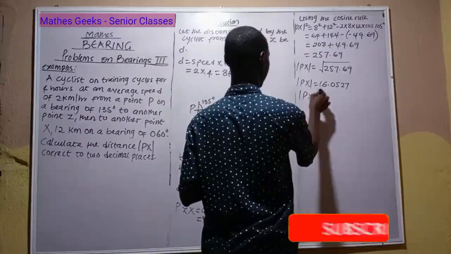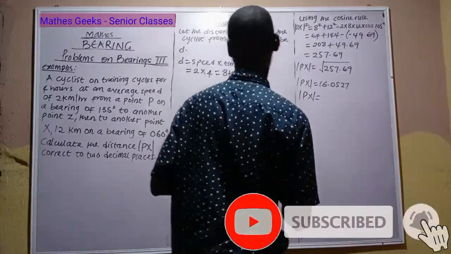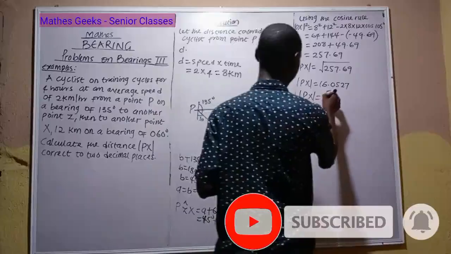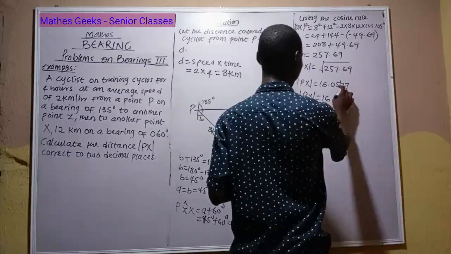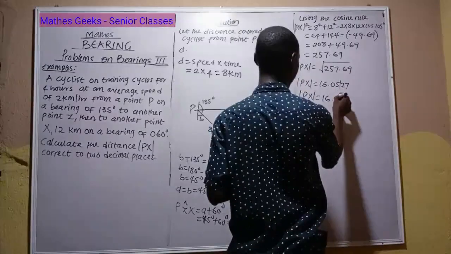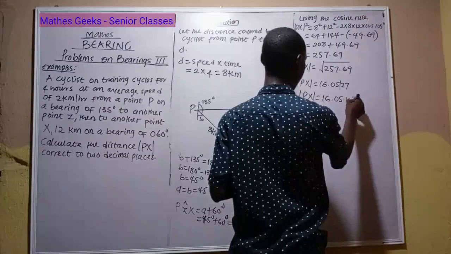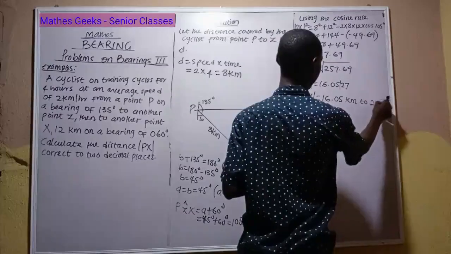We're told to get an answer correct to 2 decimal places. So 16.05. This is the first, second. The third one is not up to 5, so we round it down. So it becomes 16.05 kilometers to 2 decimal places.